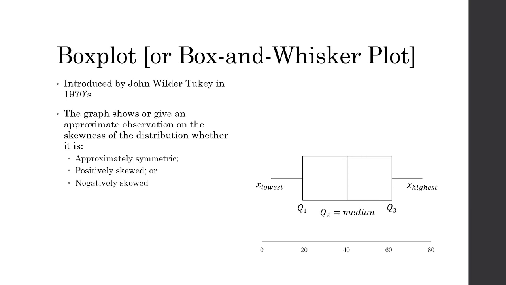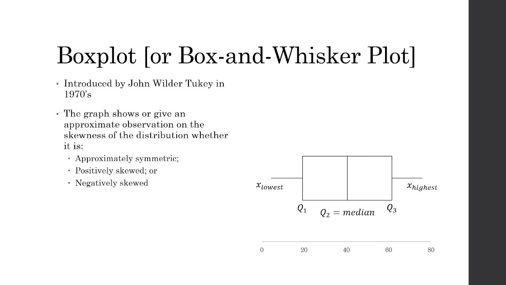And also, this graph shows or gives an approximate observation on the skewness or the distribution, whether they are approximately symmetric, whether they are positively skewed or negatively skewed. So, paano mangyayari yun?